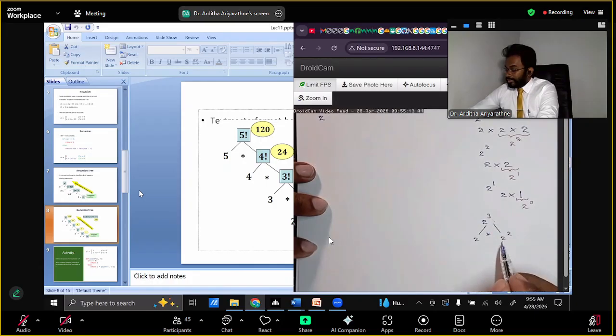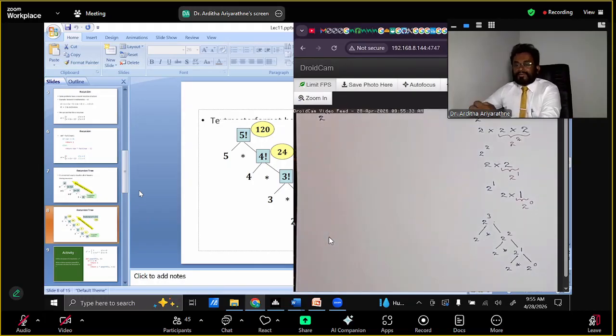Then 2 to the power 2 means 2 multiplied by 2 to the power 1. Then 2 to the power 1 means 2 multiplied by 2 to the power 0. So this is the basic level. 2 to the power 0 means we should know it's 1. Any value to the power of 0 means 1. It's a mathematical thing we already know.